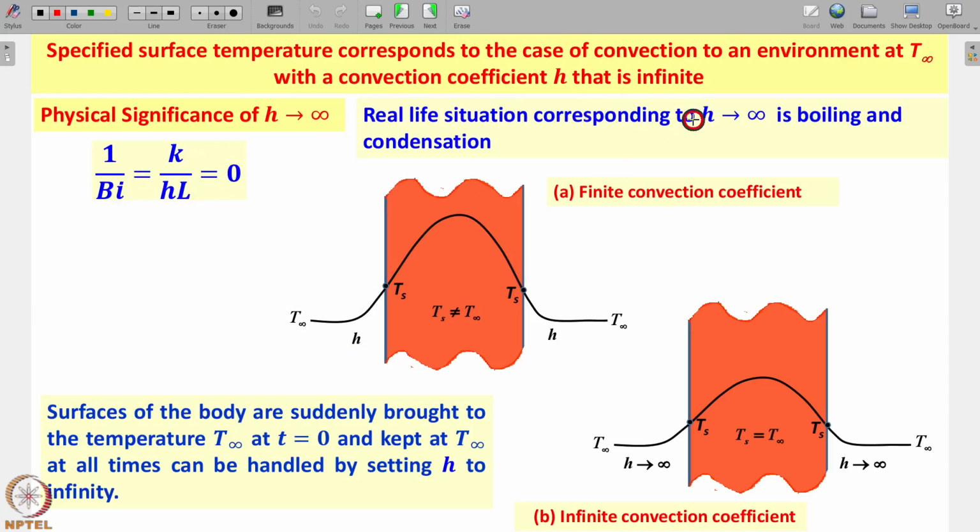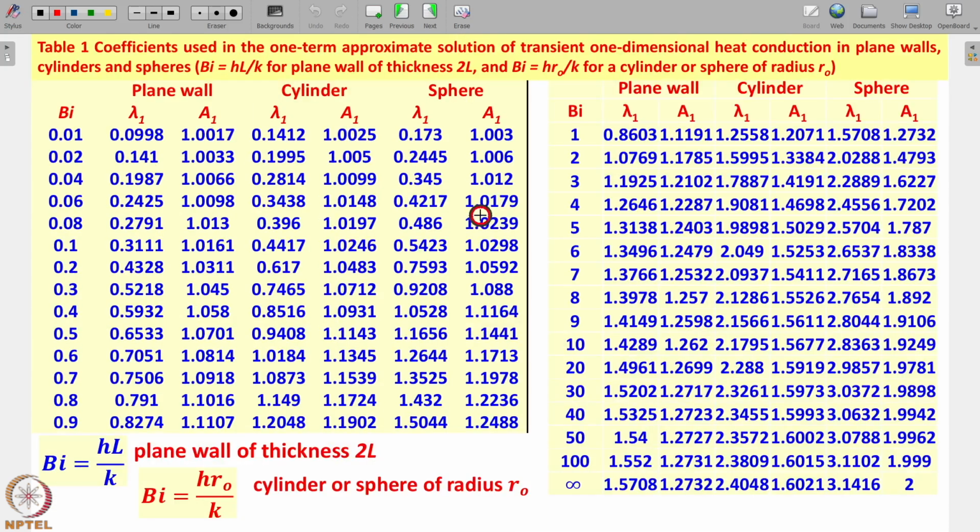When will the heat transfer coefficient be very large? If you recall from my introduction slides, we said that for boiling the heat transfer coefficient will be of the order of 50,000, 60,000. So in that case, 1 by Biot number, that is k by hL, will become 0. That is, I can consider that Biot number as infinite.